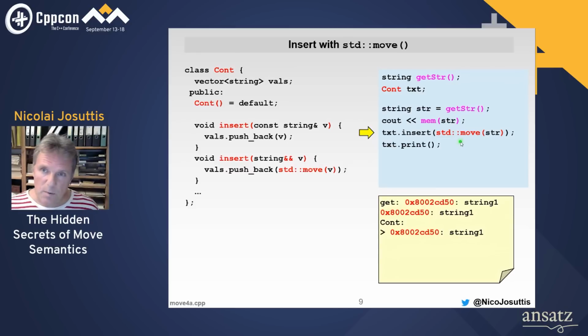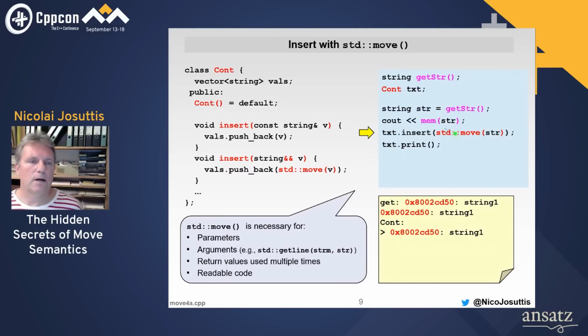And so we have a couple of reasons as a programmer to use move, even as an application programmer. You need it for parameters: if you have a parameter and you no longer need the value, you use move. But you need it also for arguments, so the other side, the calling side of a function. A famous example is getline: let's read from a stream a new string into str here.